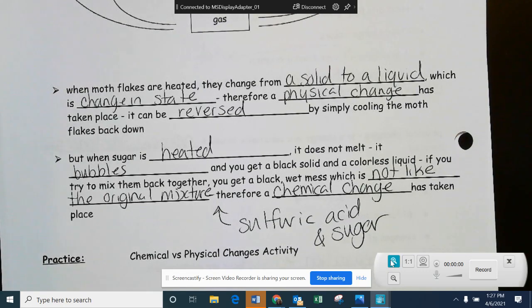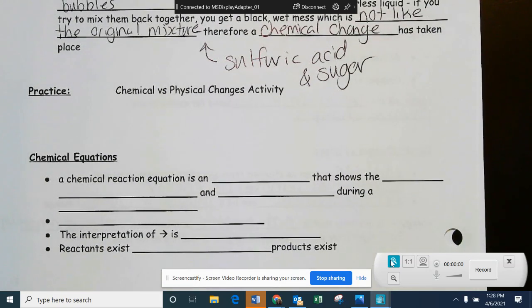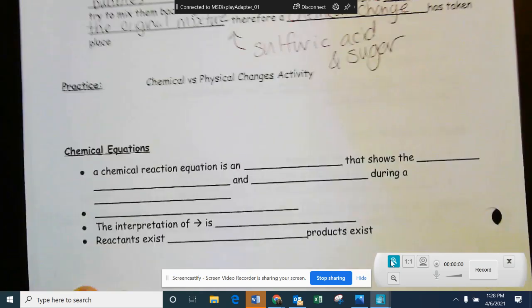Okay, chemical equations. So these should be somewhat familiar from grade 10, but it has, of course, been a while. So it might be a little bit of a throwback to quite a while ago.